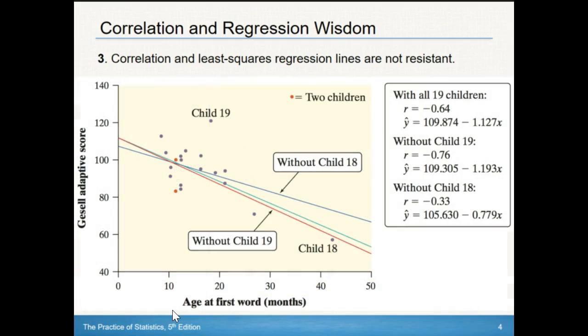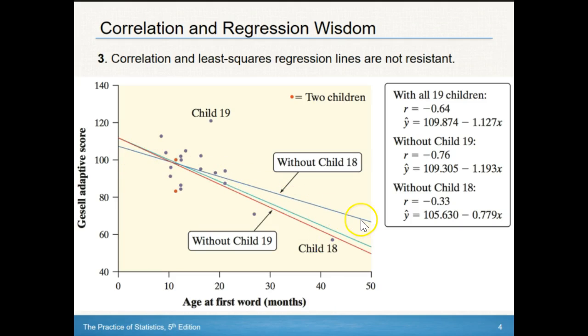And now we see they've taken that same data and redone those regression lines by leaving out these outliers. So we've got child 18 down here as an outlier. Our original line, which is the green one, is the original least squares regression line. If they leave out child 18, which is this one down here, then look how much the line is altered.